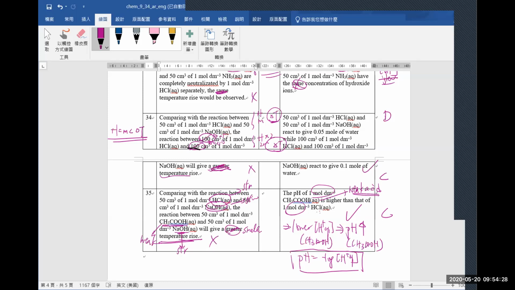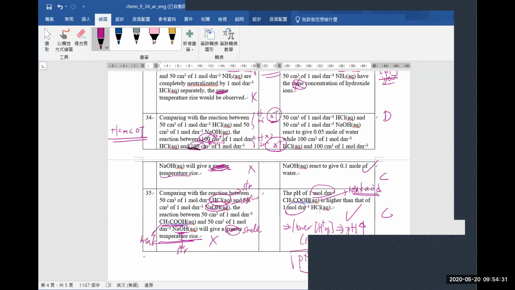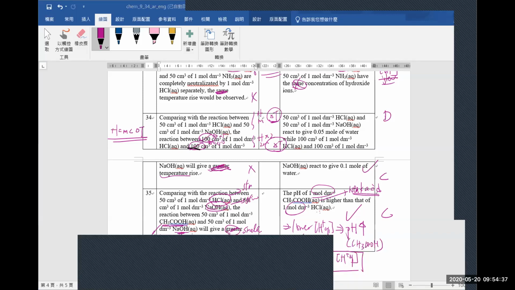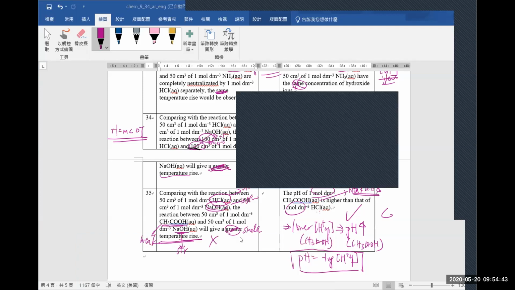The last 5 questions before you end the lecture today. It is 35. Last 5 questions. Can you see that? Can you see this one? From question 36.